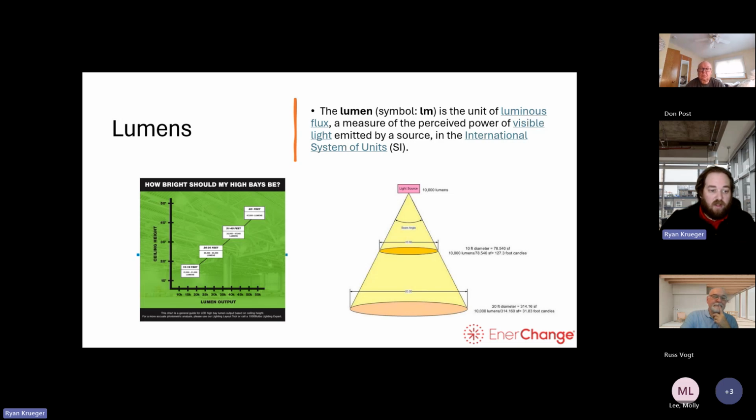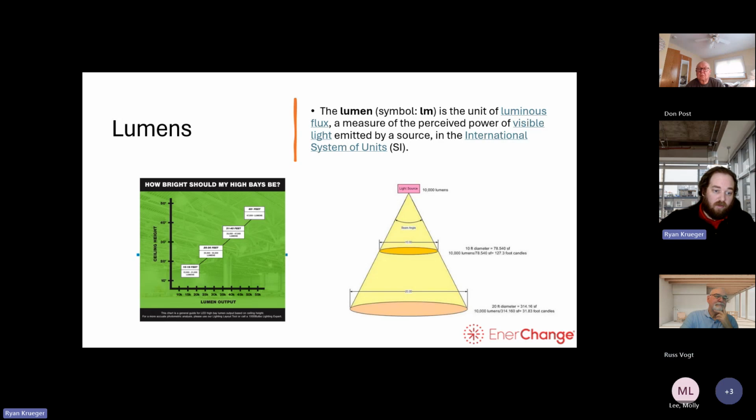And if you're redoing a gym and you know what the existing 4-foot T8 tube fixtures are, you can backtrack the math to know exactly what you need. This image on the left is just a general rule of thumb: if it's between 10 and 20 feet, you need 12,000 to 21,000 lumens.